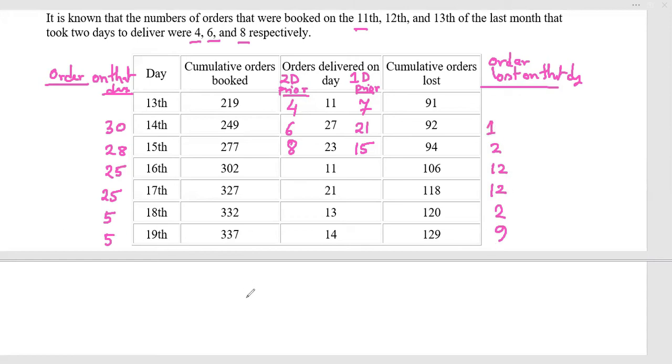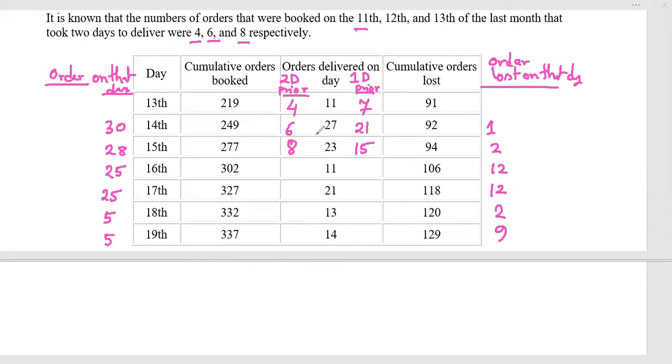Now after doing all of it, the next thing I need to know is whether I can find the orders booked 2 days prior and 1 day prior in the rest of the cases, because that much we have done. To get this idea, what do we have to consider?